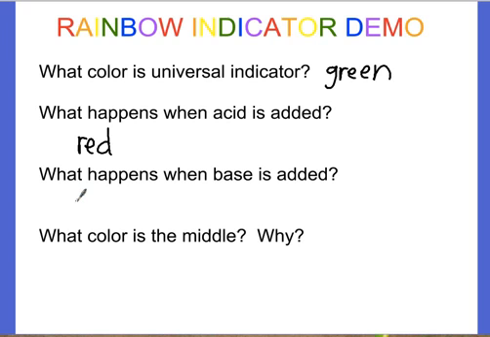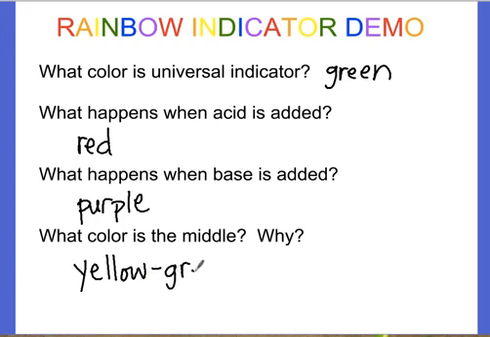On the other side, when you added the base, sodium hydroxide, it turned purple. When we flipped it, again, some of the base spread through the column, and we ended up with a blue color from there. Now in the middle you should have seen a yellowish green color. Really we're back to the same color as the indicator was in the beginning.